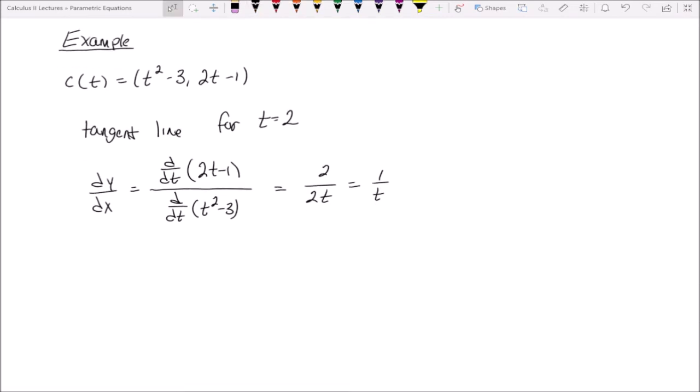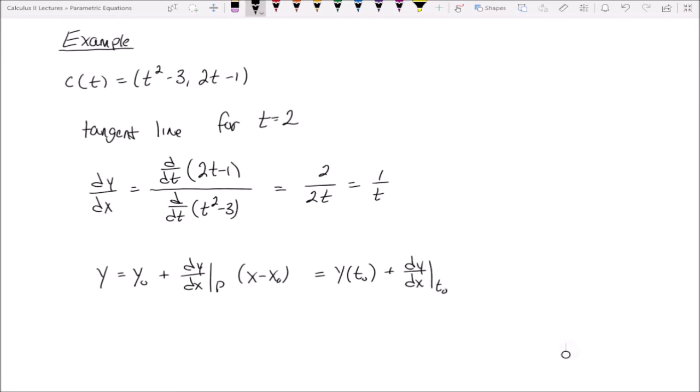Right, so the equation of the tangent line, remember, is y equals y naught plus the slope at the point times x minus x naught. So what we can do is convert this and write this as y of t naught plus dy dx evaluated at t naught times x minus x of t naught, right?